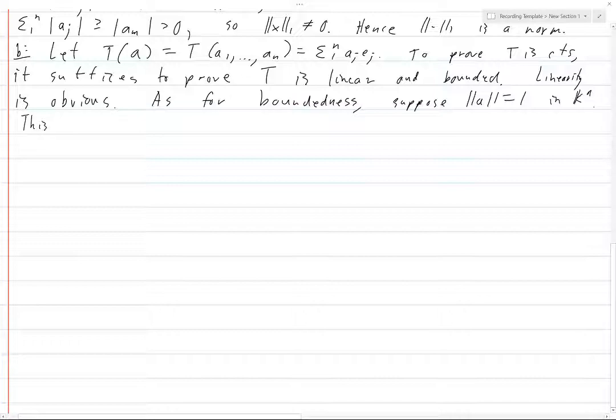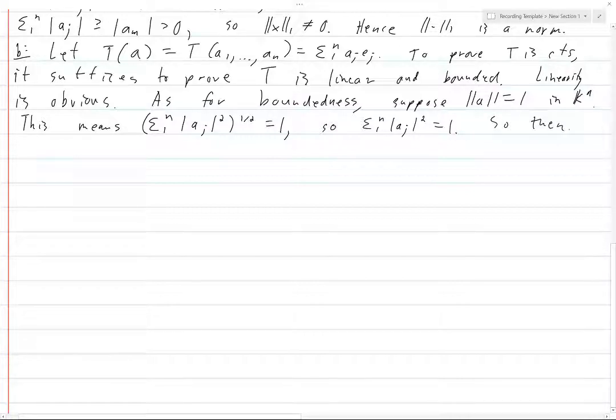So what does that mean? Well, really, the Euclidean norm on Kn is the square root of this, and it is 1. So the sum from 1 to n of aj squared equals 1, because 1 squared is 1.